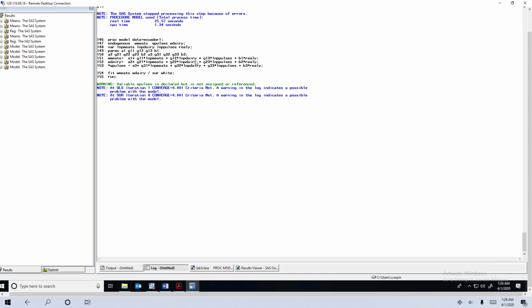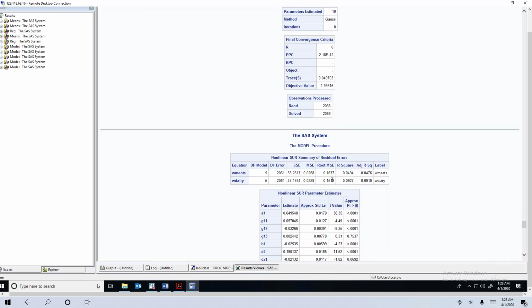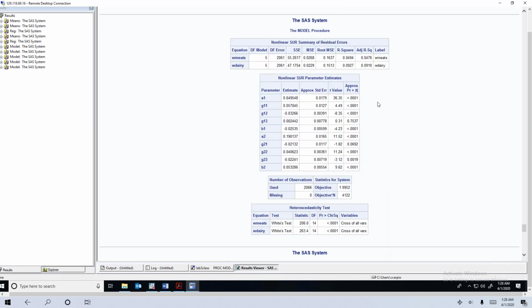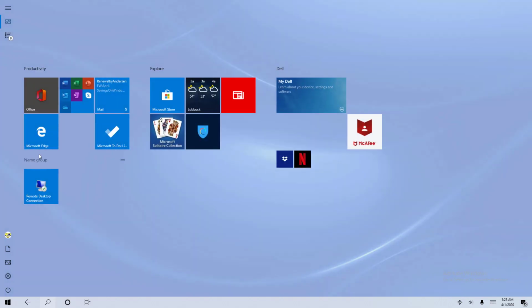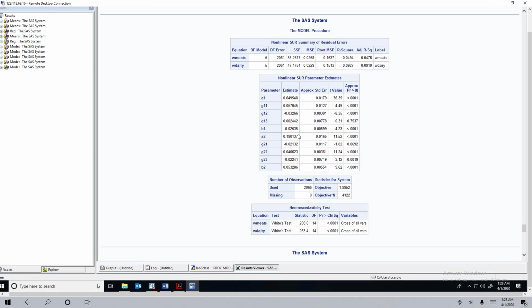But that should not be a problem. I think we could leave it there without any problem. So, our coefficients are SUR coefficients estimated in this way. So let me go back.